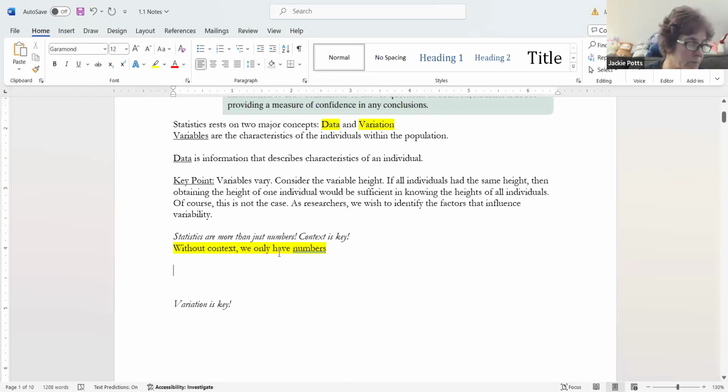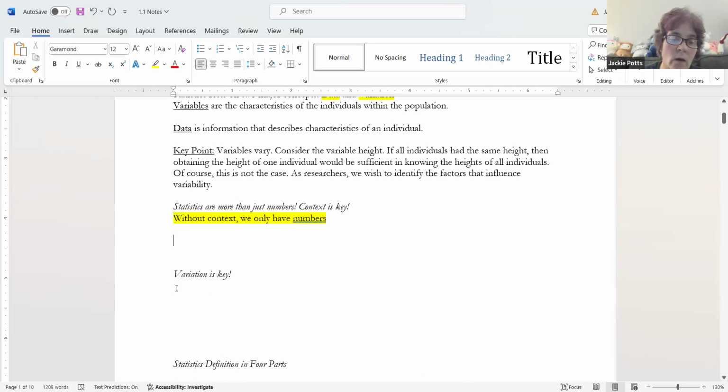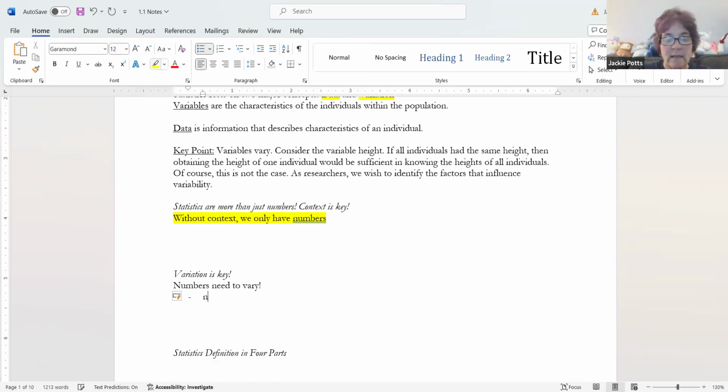All right. I'm going to come down here and we're going to reiterate again, because if I keep repeating stuff, guess what must mean it's important to statistics. So our numbers need to vary. And the nice thing is, it naturally happens. Example, cars.